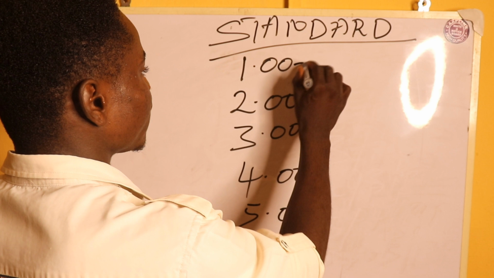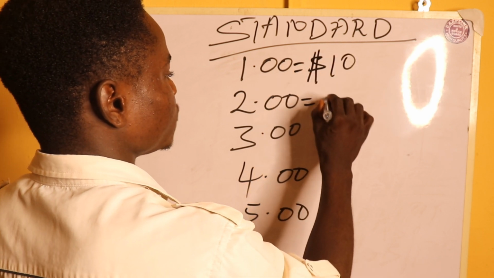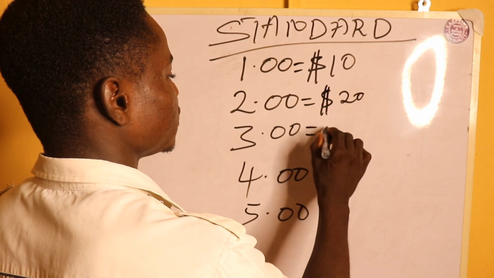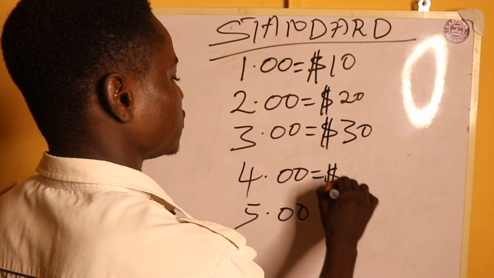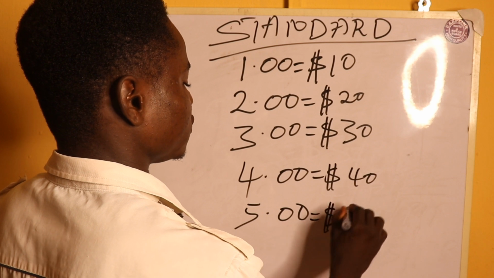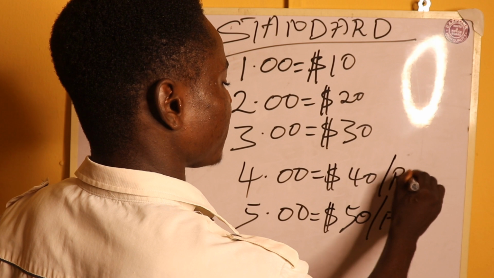So right here you'll be making about $10 per pip, $20 per pip. Then right here you'll be making $30 per pip. Right here you'll be making $40 per pip. Right here you'll be making $50 per pip. All these moves are going to be per pip.